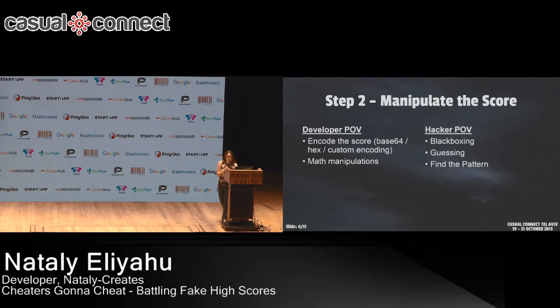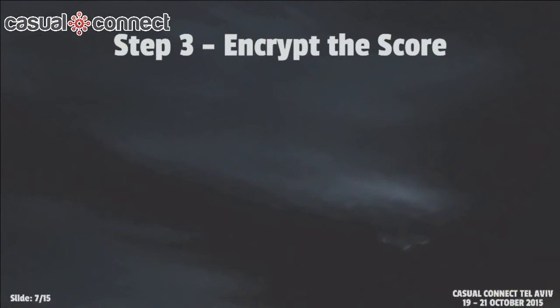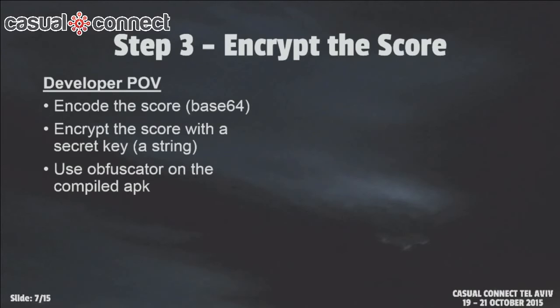But the next thing you can do is encryption. Are you familiar with encryption mostly? Is anyone not familiar with the concept? Okay, good. So basically what the developer does now is encrypt the score with some kind of secret key, and that secret key is in the app.